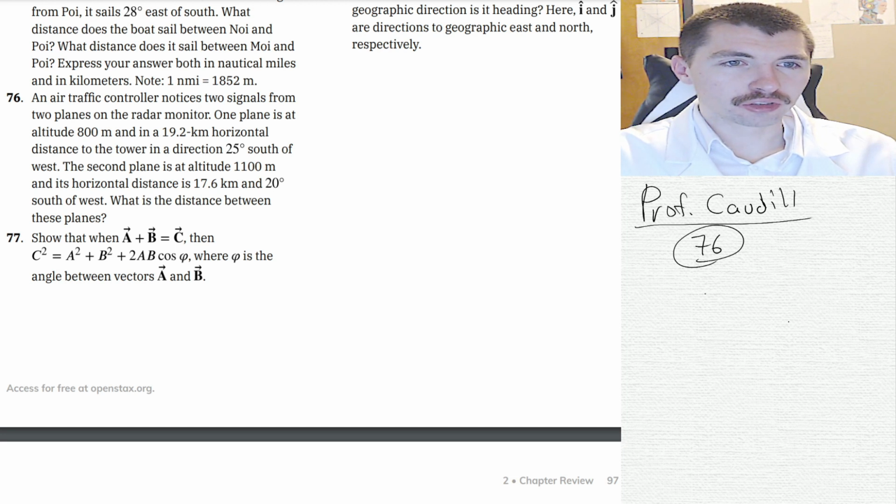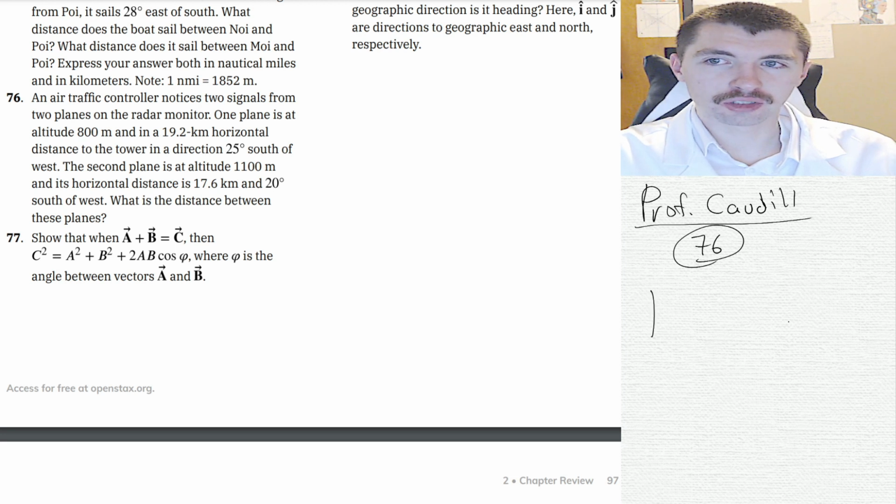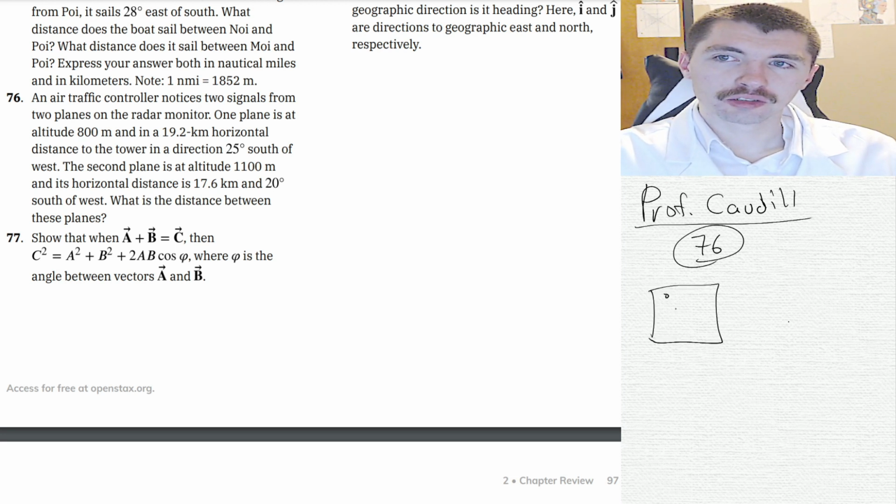Air traffic controller noticed 2 signals from 2 planes. One plane is at 800 meters.